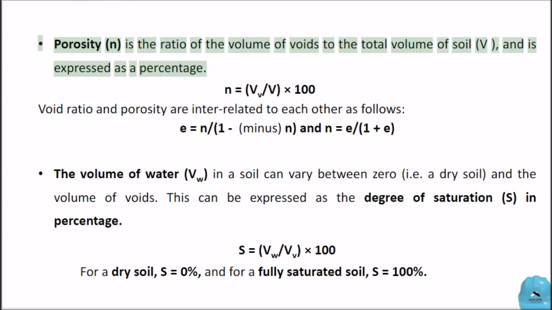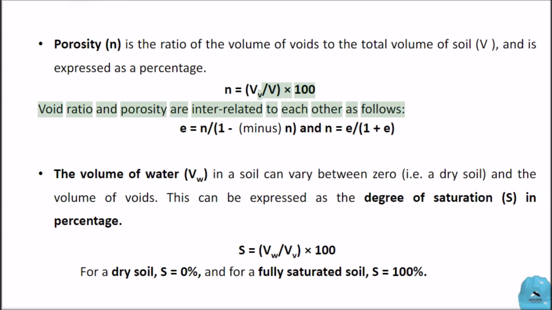Porosity, n, is the ratio of the volume of voids to the total volume of soil, V, and is expressed as a percentage. n equals V_v over V times 100. Void ratio and porosity are interrelated to each other as follows: e equals n over 1 minus n, and n equals e over 1 plus e.